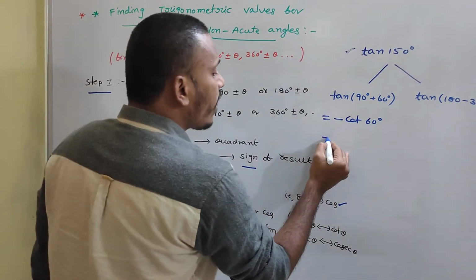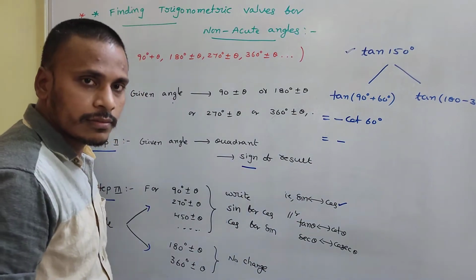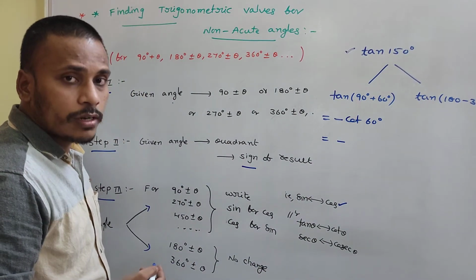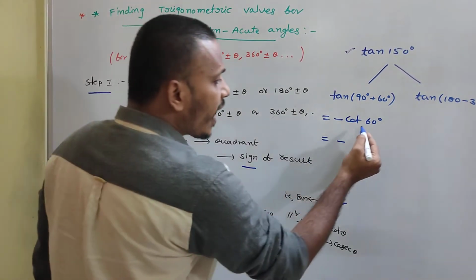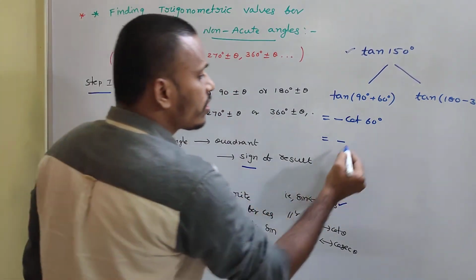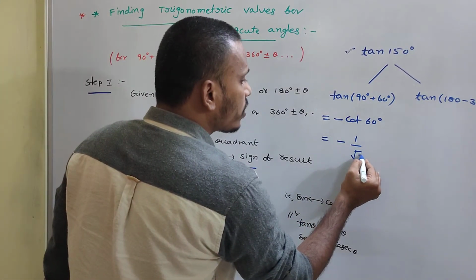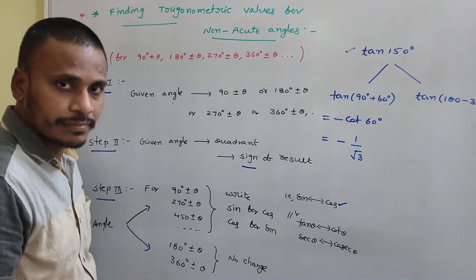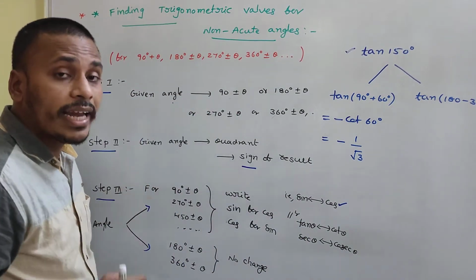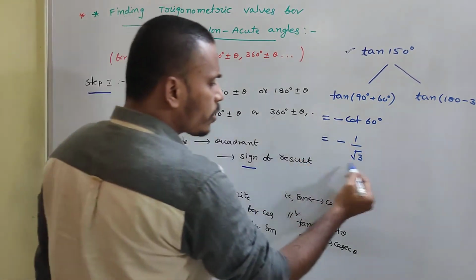And what is the value of cot 60 degrees? Tan 60 is root 3, cot 60 is 1 by root 3. So your answer is minus 1 by root 3.